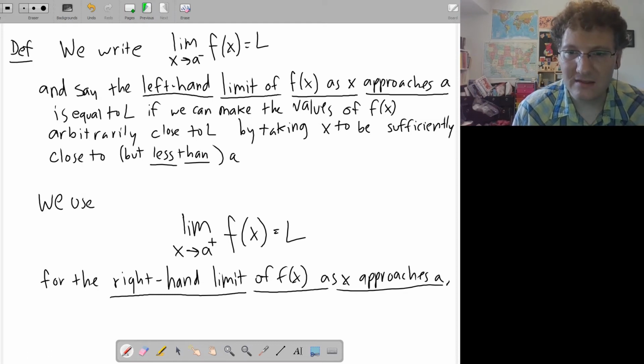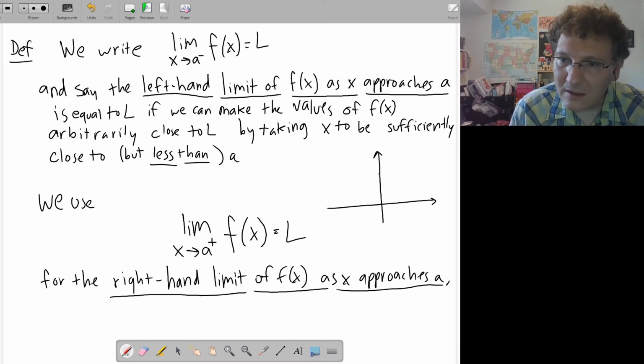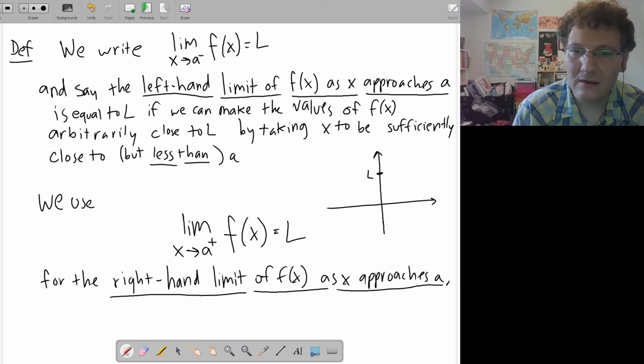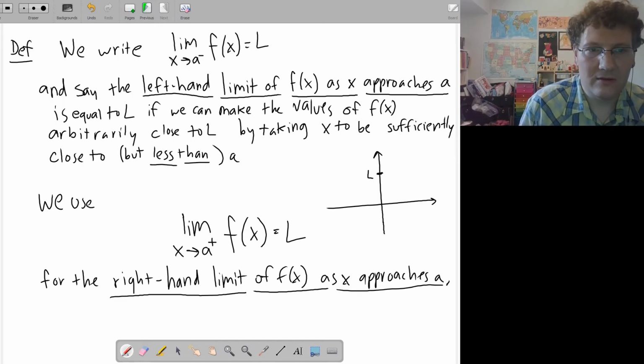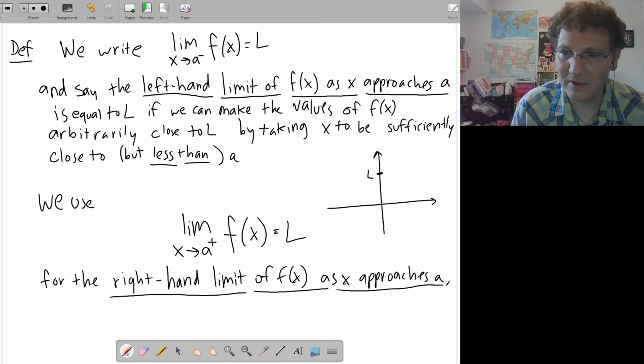So in both of these cases, let's try to illustrate it. You have some axes, and here's the function. I'll just illustrate the left-hand limit.